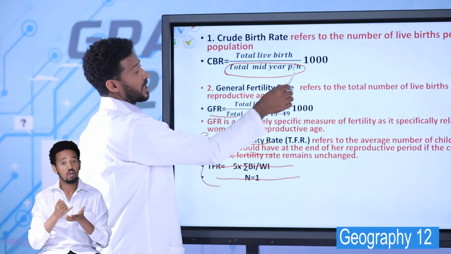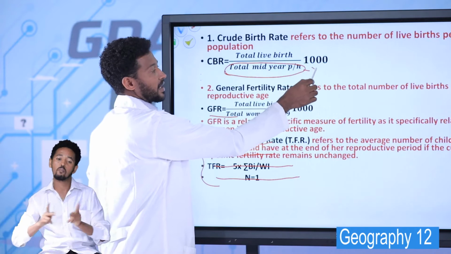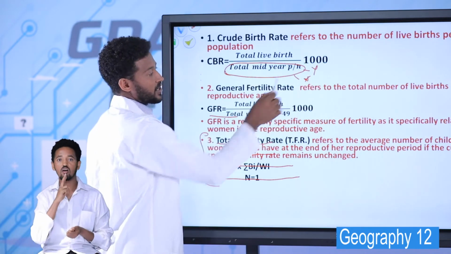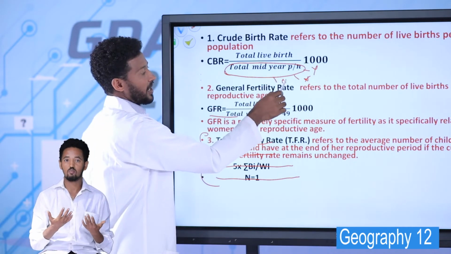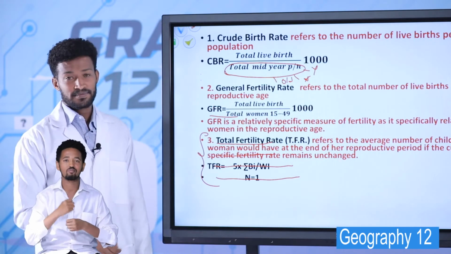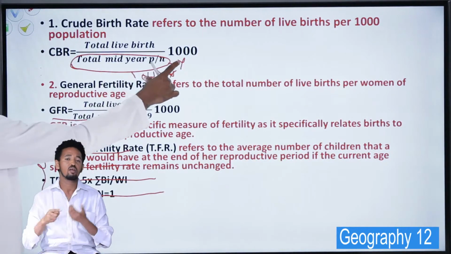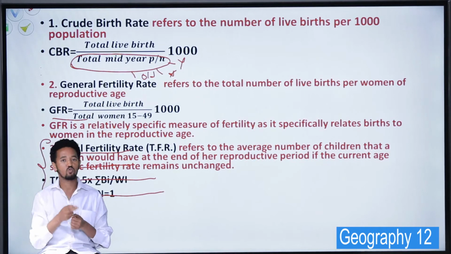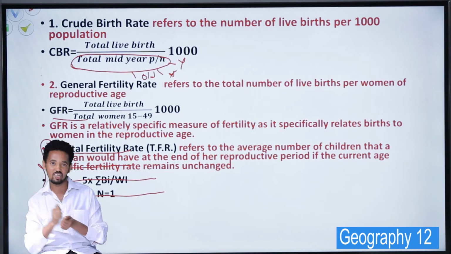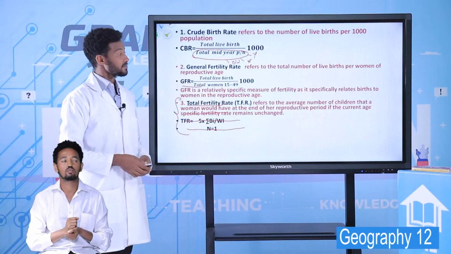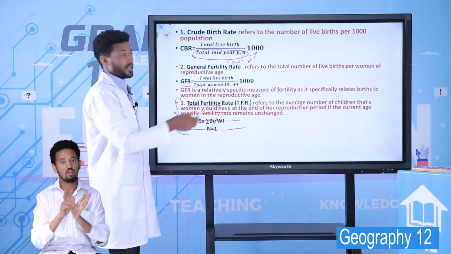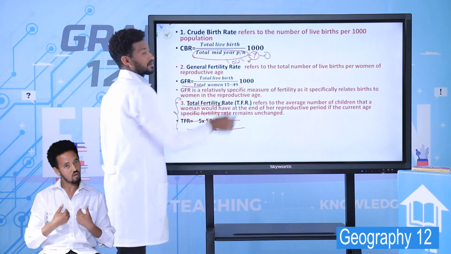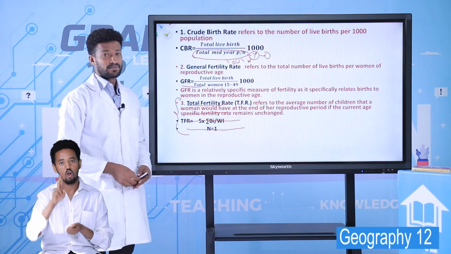That means in this total population, there are young, adult, and old age populations. These three groups do not have the same role in the amount of fertility. For example, if you take the youth, they have zero role.